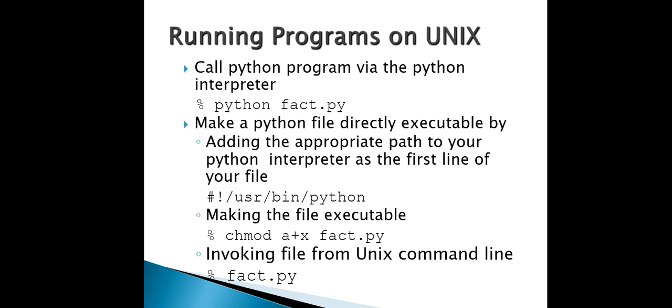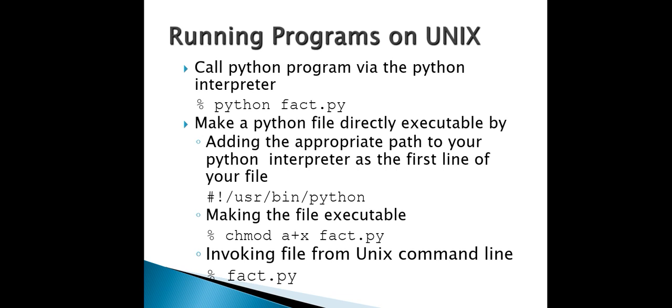So my dear friends, running programs on Unix: call Python programs via the Python interpreter. Here percent python fact.py. Here fact is the name of the Python file and .py is the extension of Python files. Make a Python file directly executable by adding the appropriate path to your Python interpreter as the first line of your file.